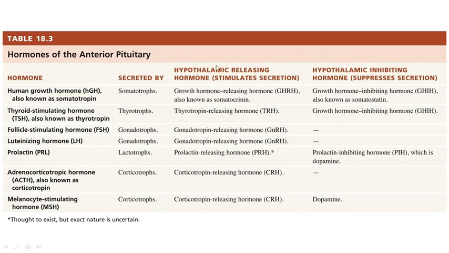Which hypothalamic hormone causes the release of this pituitary hormone? For example, growth hormone is secreted by the action of growth hormone releasing hormone, right? So write down all of those hypothalamic hormones whenever there is one. Then the hypothalamic hormone inhibiting the release of the pituitary hormone, and finally make a column where you write a brief function of these hormones.